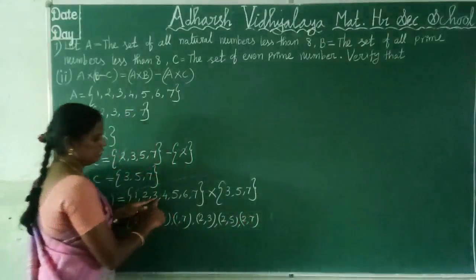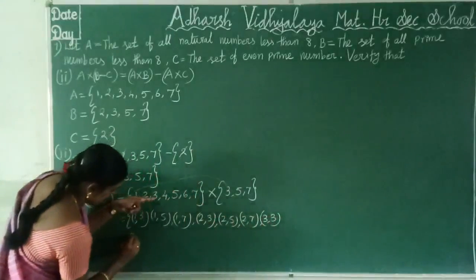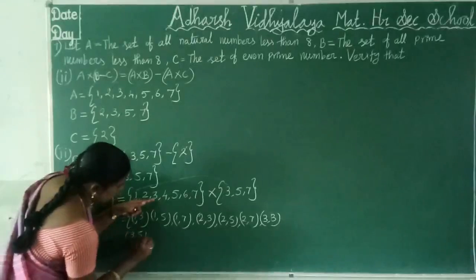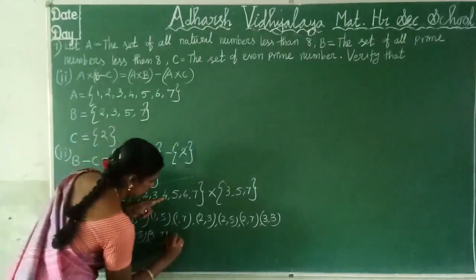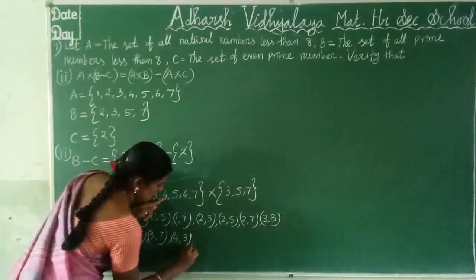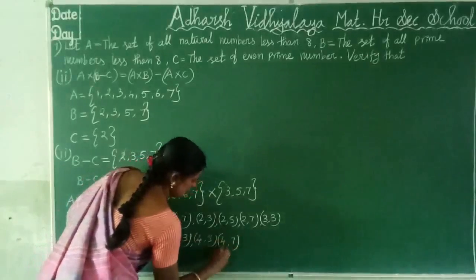Next we take 3: (3,3), (3,5), (3,7). Next we take 4: (4,3), (4,5), (4,7).